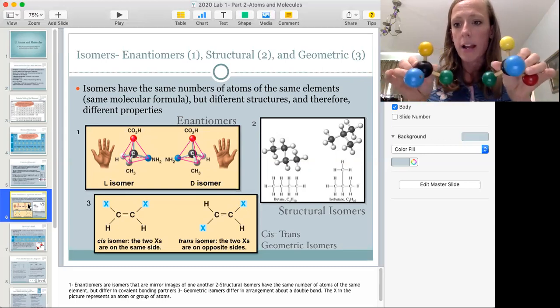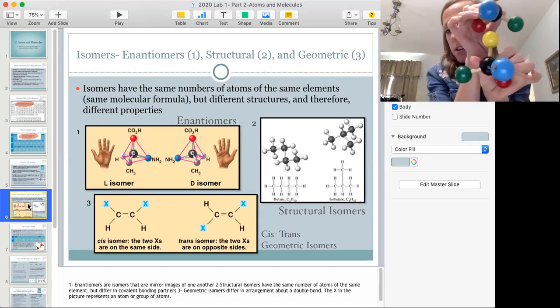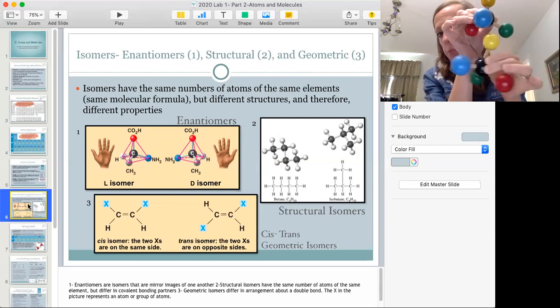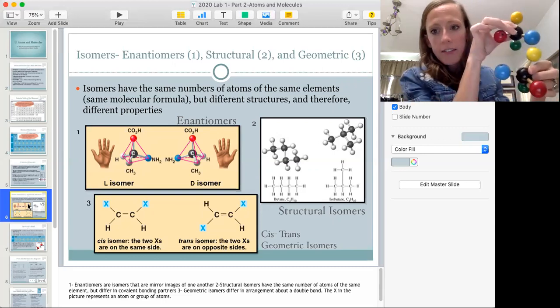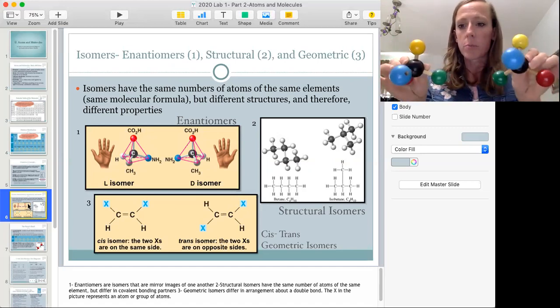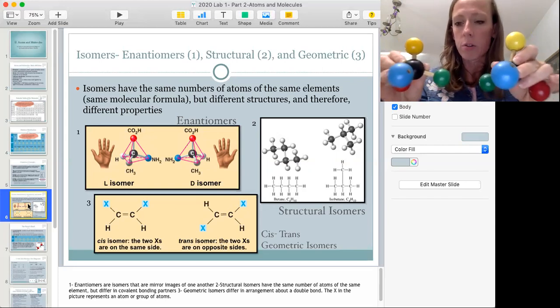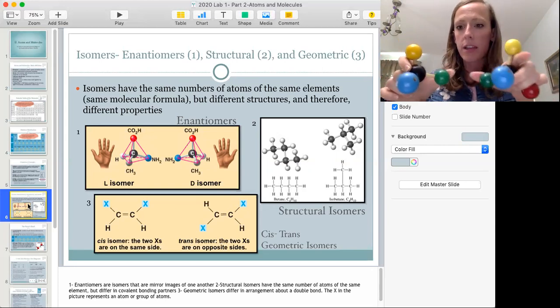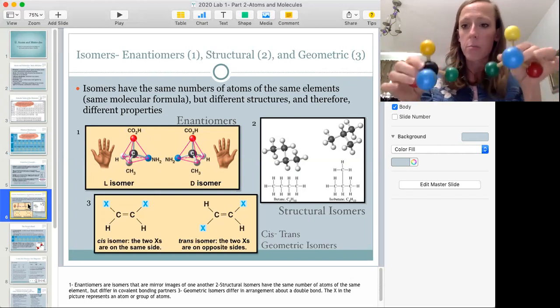But no matter which way I turn it, the left will never be the same as the right, because they're mirror images of each other. You can see I can turn it multiple ways, but if I have the blue facing towards you, the green is going to be on the inside. The green is not always going to be on the left or the right, because again, they're mirror images.